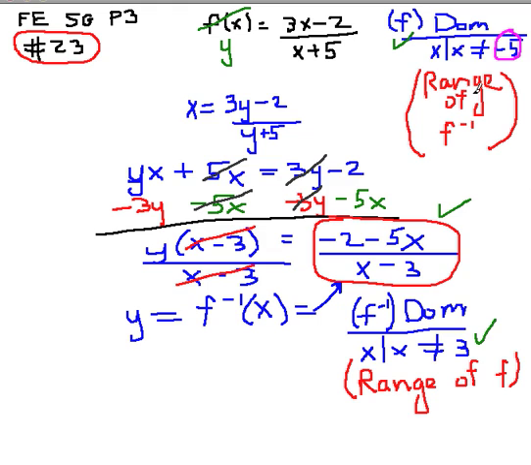The range of f inverse would not be, you wouldn't say x such that x isn't, no, you would say y such that y does not equal -5. So that's how they're similar. And in other words, the range of f then would be y such that y does not equal 3. So range, y doesn't equal 3, and domain, x doesn't equal -5.